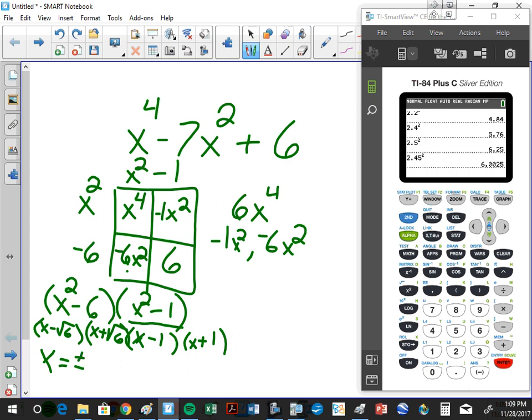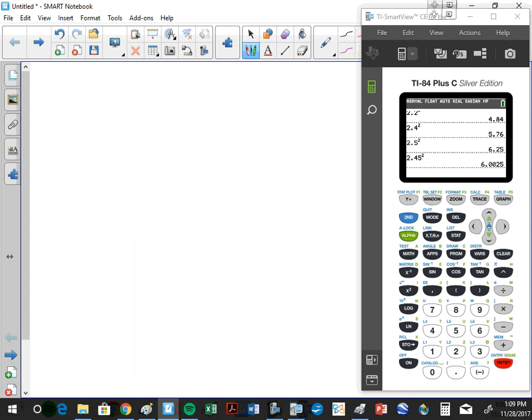Well, I'm going to write plus or minus 1 or plus or minus the square root of 6. Does that make sense? Okay. Yeah, because I'm lazy. Yep. All right. What about this one?